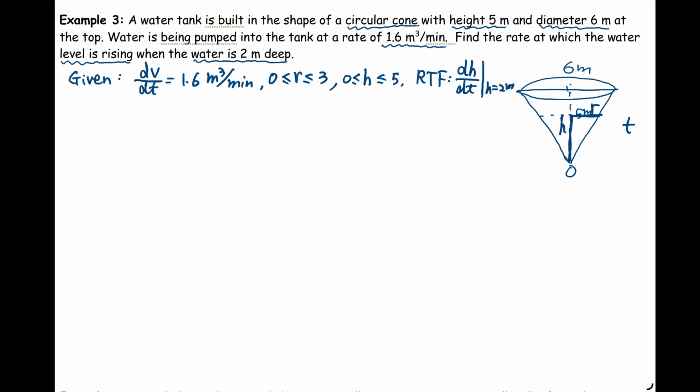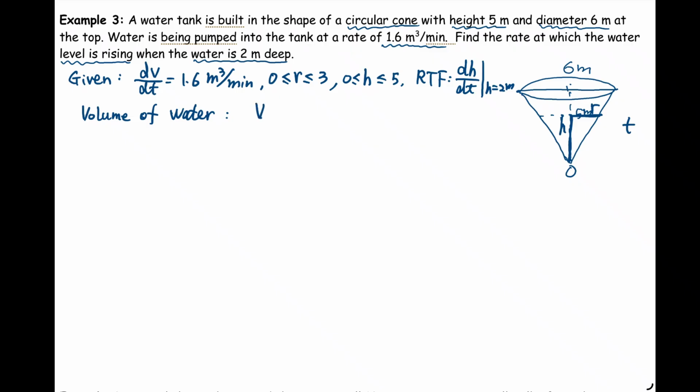And step 2, we are going to set up the equation. So to set up the equation, we are going to see the volume of the water will be the shape of a circular cone too.